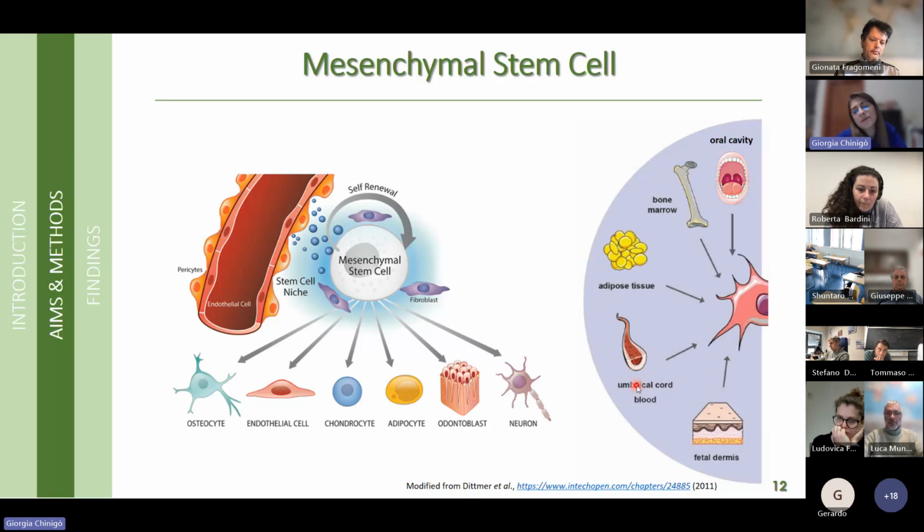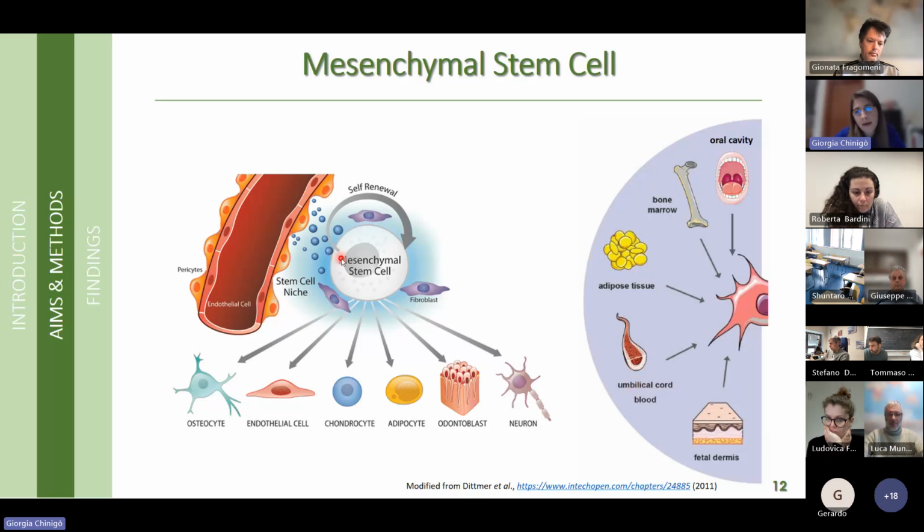In recent years, mesenchymal stem cells have gained great interest in regenerative medicine because of their peculiar features. Mesenchymal stem cells indeed have a high proliferative capacity.